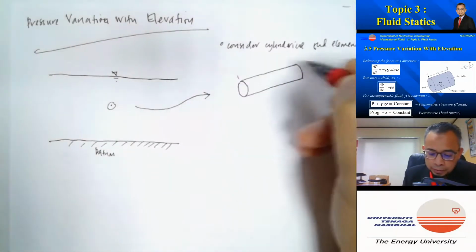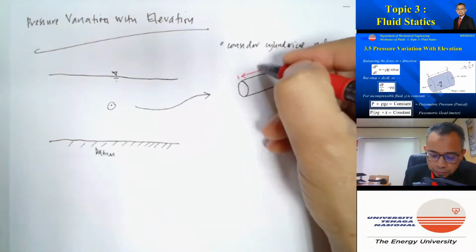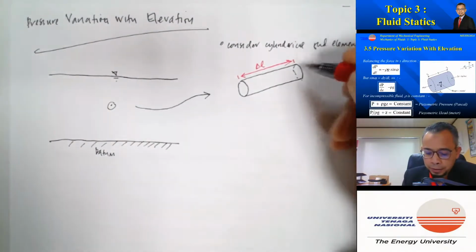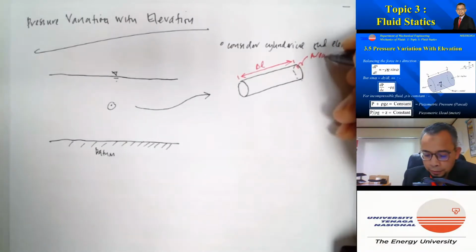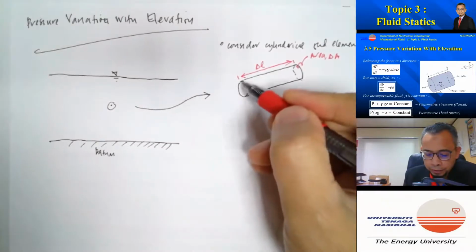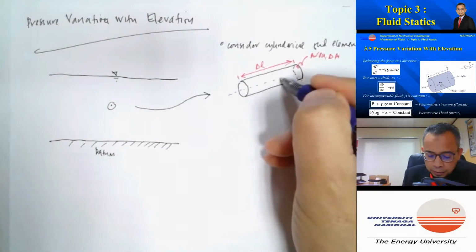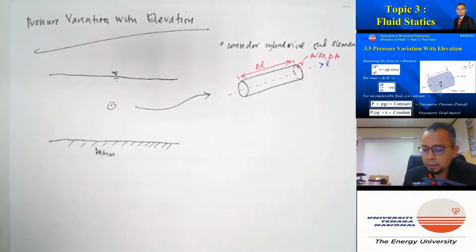And let's say the length of this element is equal to delta L, and the area here is equal to delta A. So this is delta A, this is also delta A, and this is the axis. Let's call that direction the L direction.